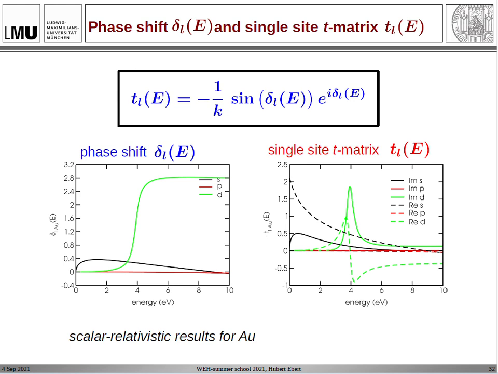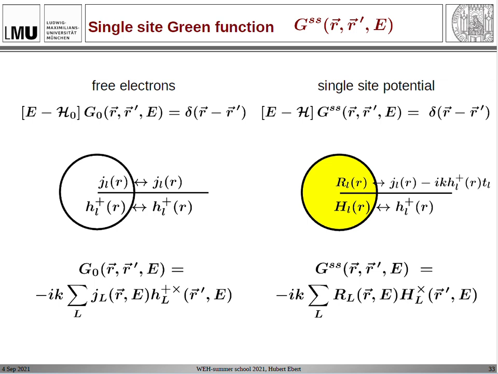Now, with this information, we can now set up the Green's function. We look for an isolated target from the free electron situation. We know already this is a defining equation, and we have the angular momentum representation.